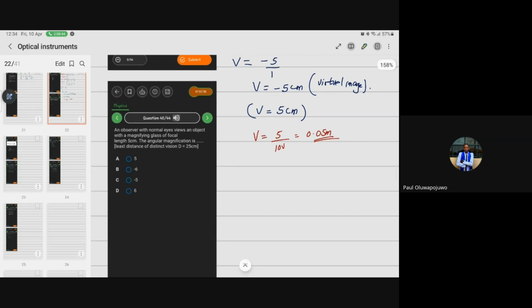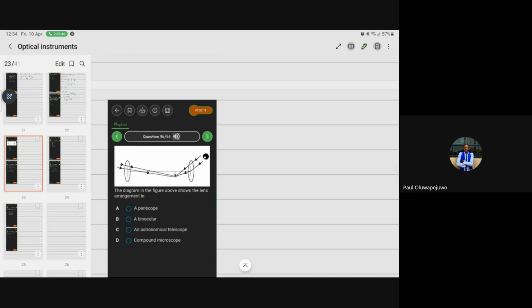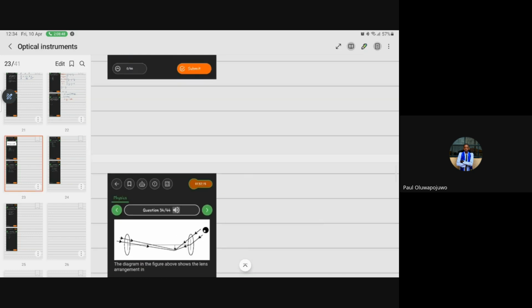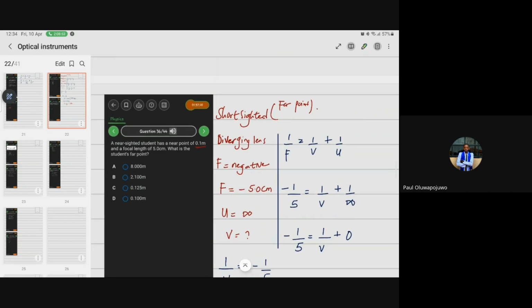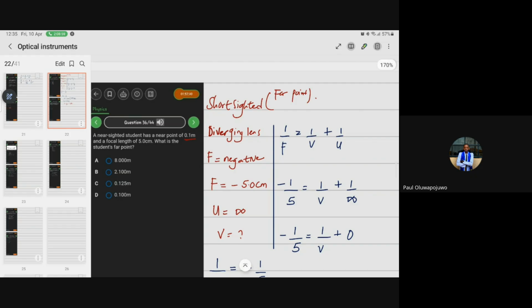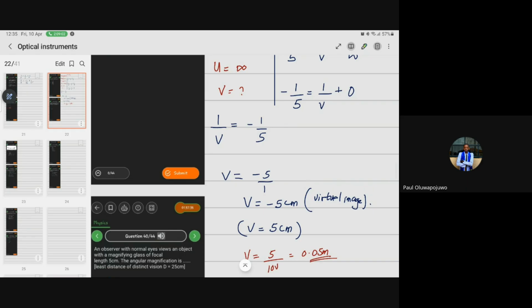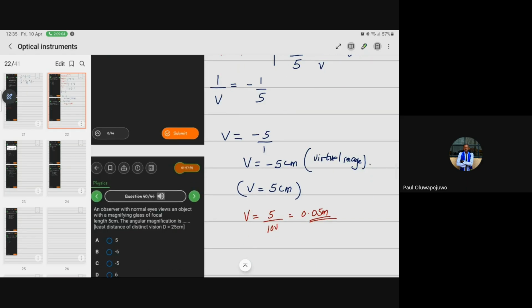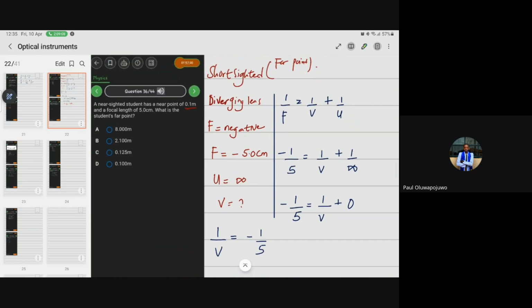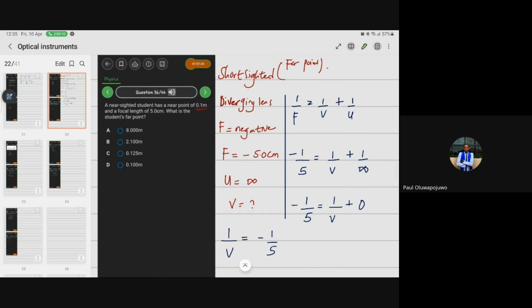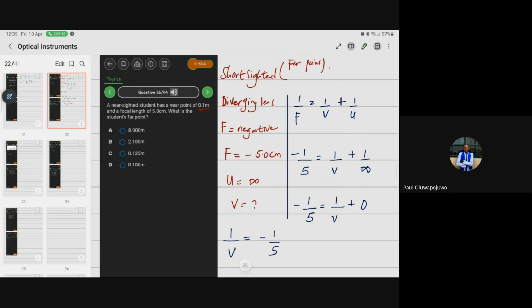The near point is 0.1. So 0.1 times 100, we have 1 over 5. Okay, the near point of 0.1.